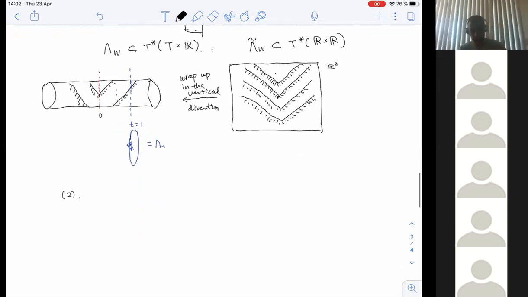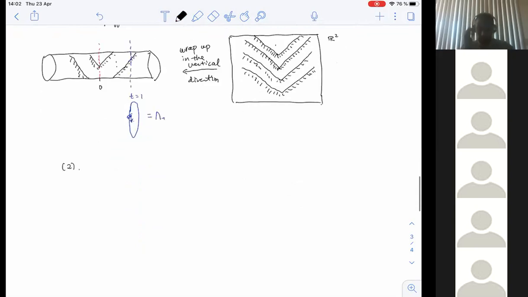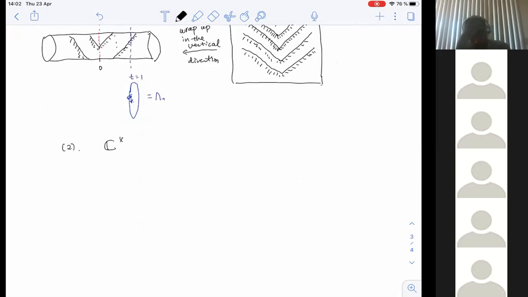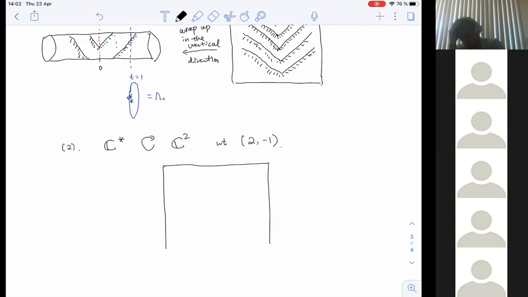Maybe after that, it's possible to consider this case where we act on C2 with weights 2 and -1. So I will just draw the window skeleton without much explanation, and I will revisit this example later.